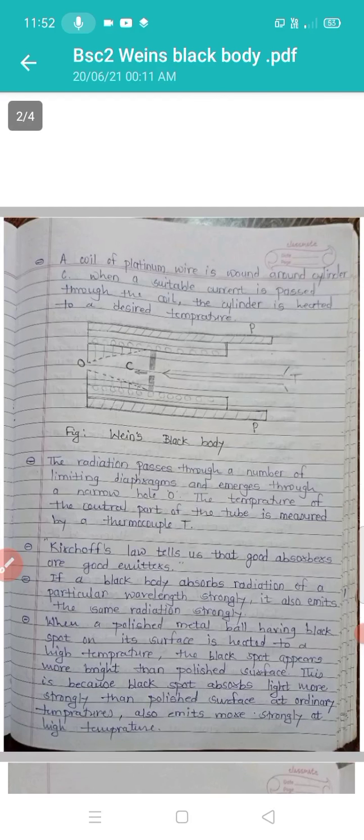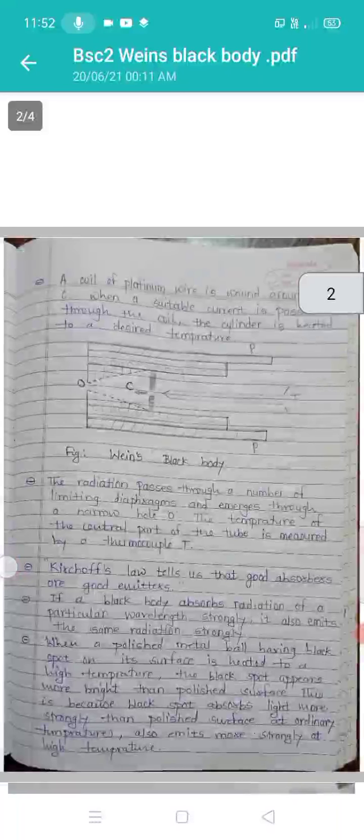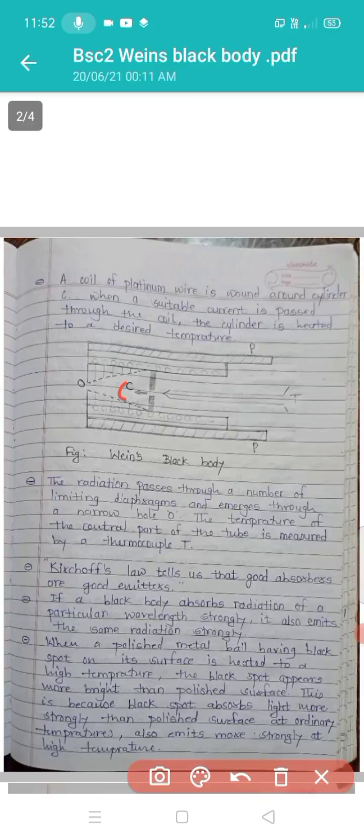It consists of a long metallic tube C of platinum or brass which is blackened inside and surrounded by a concentric porcelain tube P. This is the concentric porcelain tube P surrounding the metallic tube C.